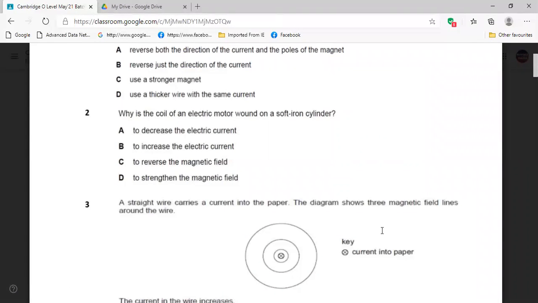Next. Why is the coil of an electric motor wound on a soft iron cylinder? So B. No, D. To strengthen the magnetic field.